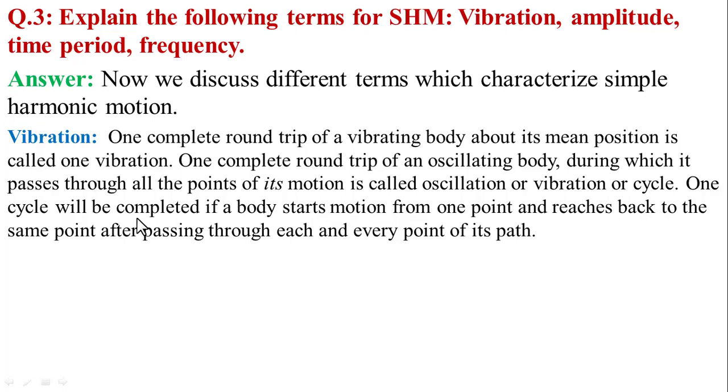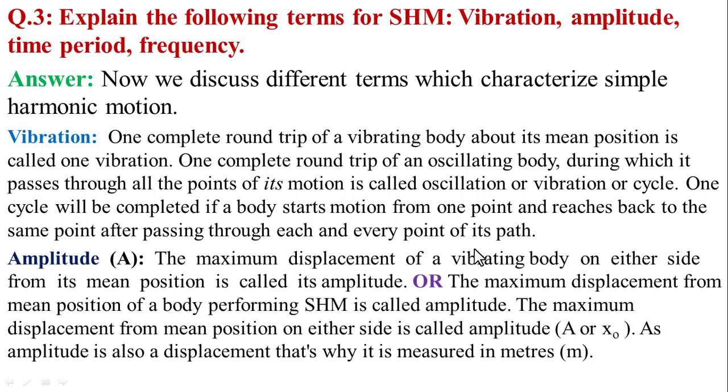One cycle is complete if a body starts motion from one point and reaches back to the same point after passing through every point in its path, so it is called a vibration.